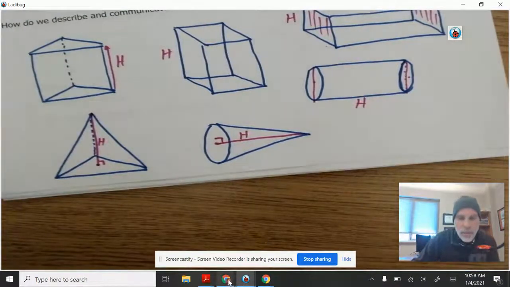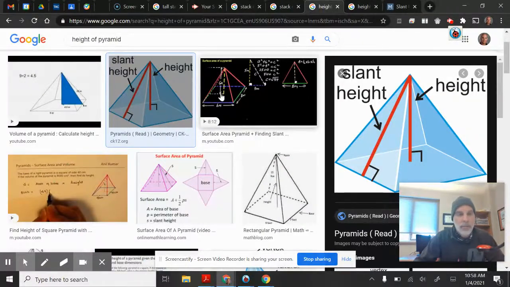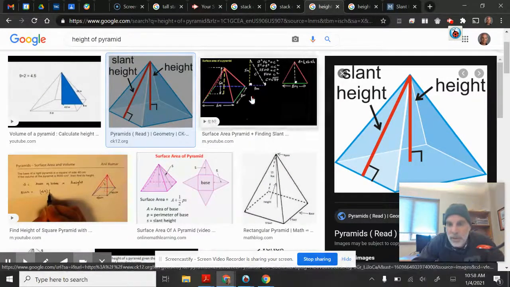Let me show you a couple of demonstrations here about height. And you can Google this and see this anywhere. So here's a pretty good example of a square pyramid or a rectangular pyramid. The height is right here, and we are going to start using this term eventually, that this out here is the slant height. Those are different. Okay.